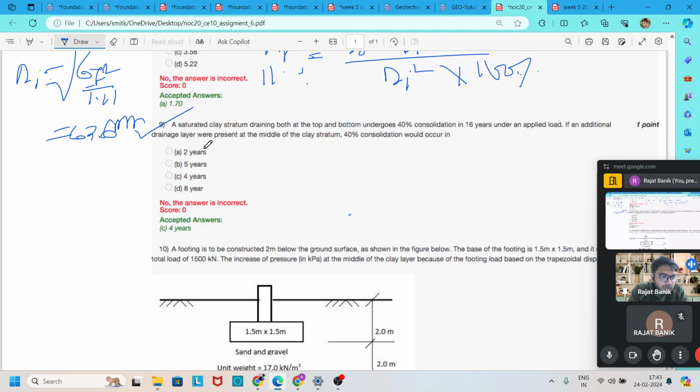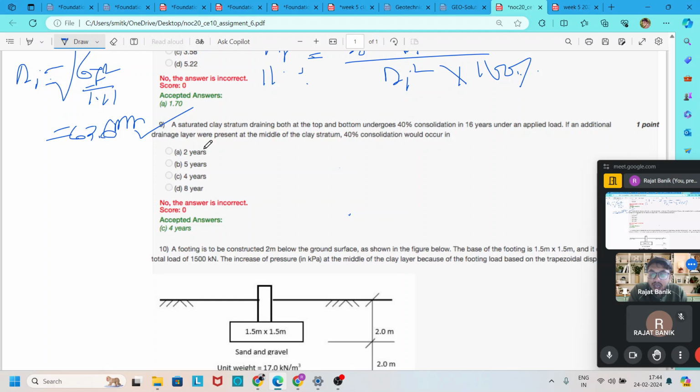In question number 9, it is said that a saturated clay stratum draining both at the top and bottom undergoes 40% consolidation in 16 years under an applied load.